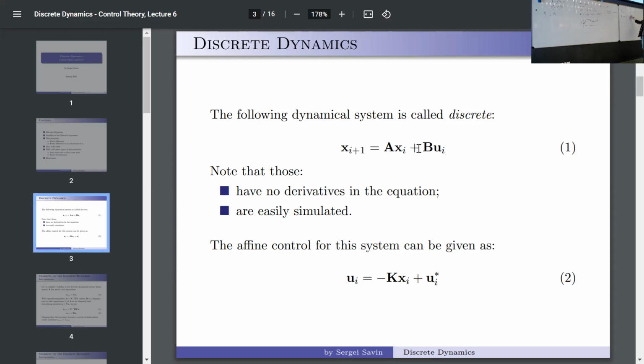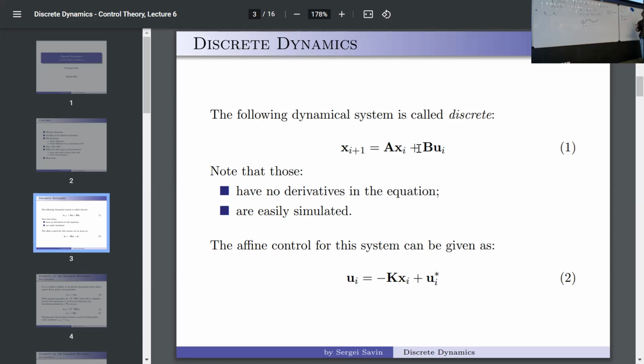Here we don't have this part, so I would leave it away. So we can compute some u, which is equal to minus k x sub i. How would you call this u? Well, this is a u that you computed at the time t sub i.